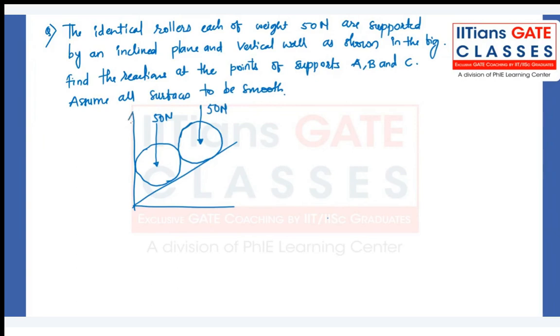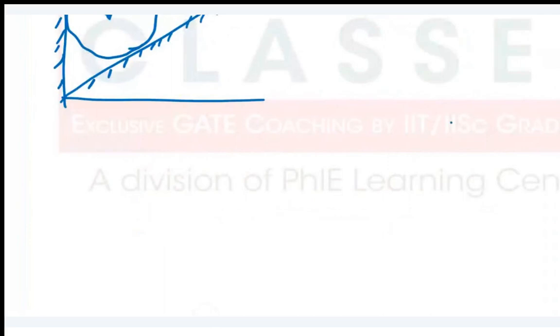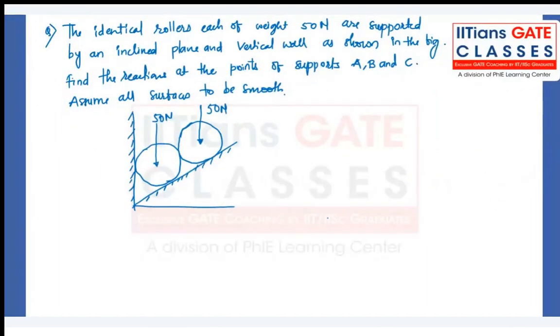This is the vertical wall, and this is the inclined plane. This is point B, this is point A, and this is point C. And this angle of inclination is 30 degrees. You can take this point as point D.